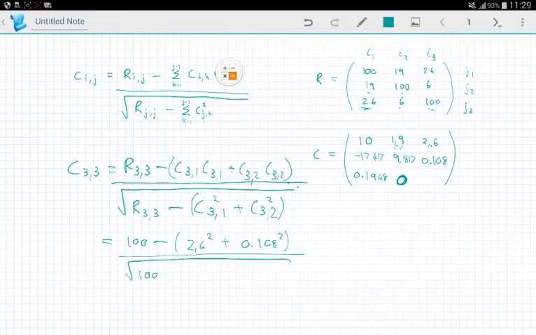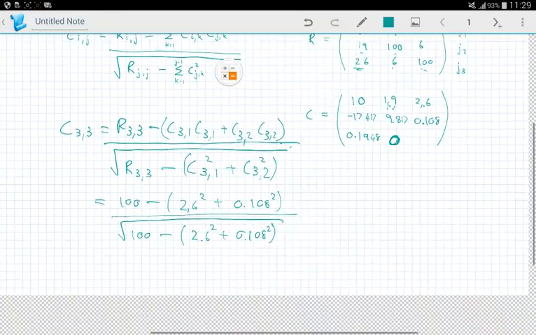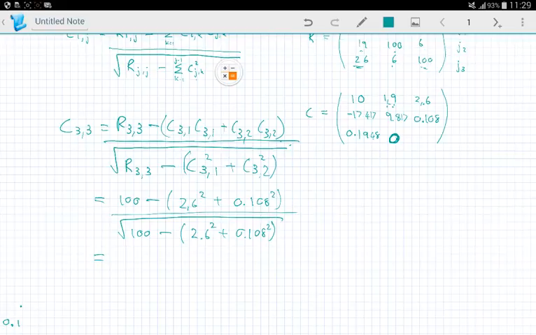R33 is 100 minus C31 squared. Yeah, it's kind of weird, but I think that happens on the diagonals. We did see this 2.6 squared plus 0.108 squared happening.